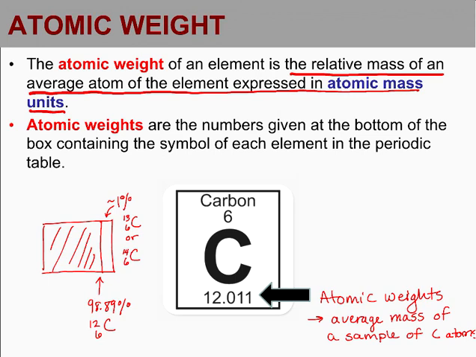And so if we take the average mass of all of those different isotopes of carbon, we're going to find that the atomic weight for a sample of carbon is a little bit above 12 due to the fact that there are some heavier isotopes of carbon.